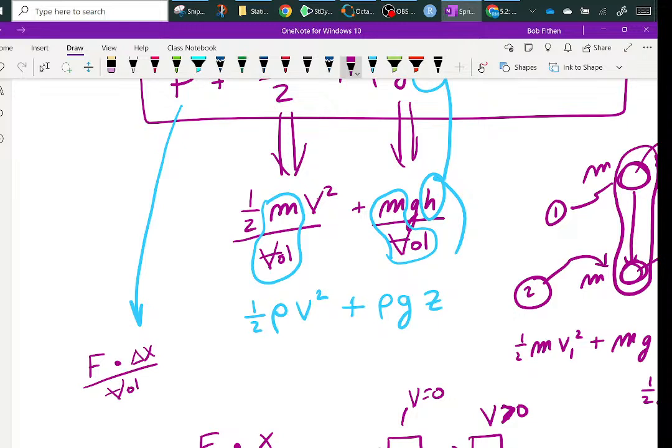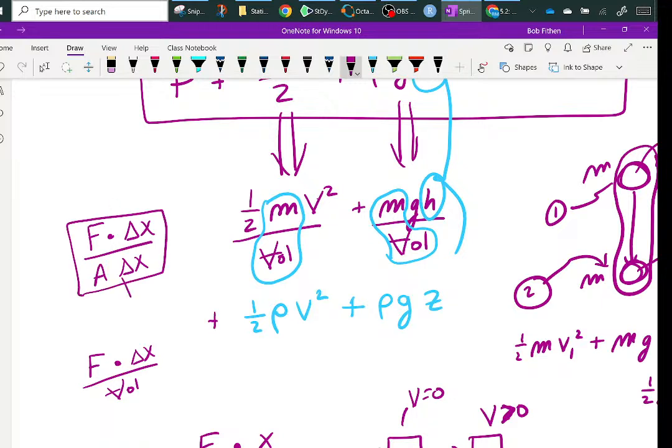So, in other words, this term, and the volume is nothing more than the area of the thing times delta X. So, in fact, this term ends up being, that cancels that, and that ends up being pressure.